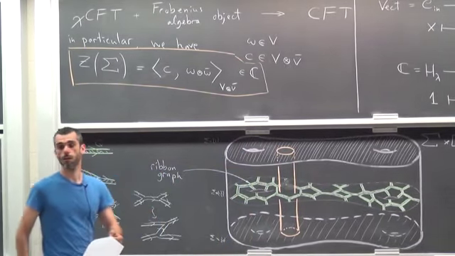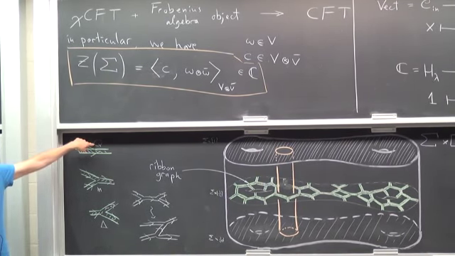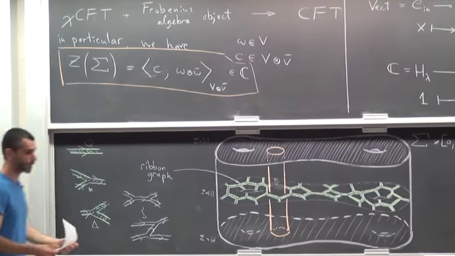there's one feature of the Fuchs-Runkel-Schweigert construction, which is that if I change the Frobenius algebra and replace it by another one which is Morita equivalent, maybe I should say what that means.